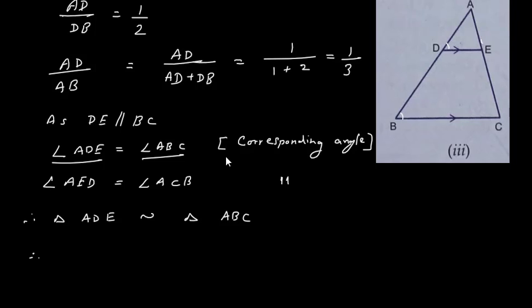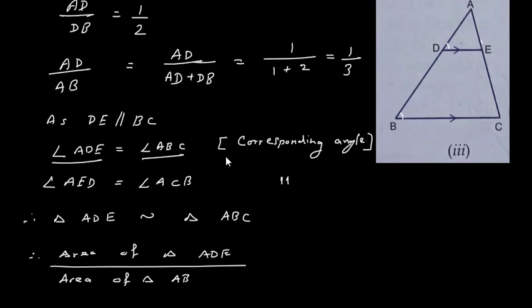So therefore we can say that area of triangle ADE upon area of triangle ABC will be equal to ratio of their corresponding sides squared. So it will be AD square divided by AB square.